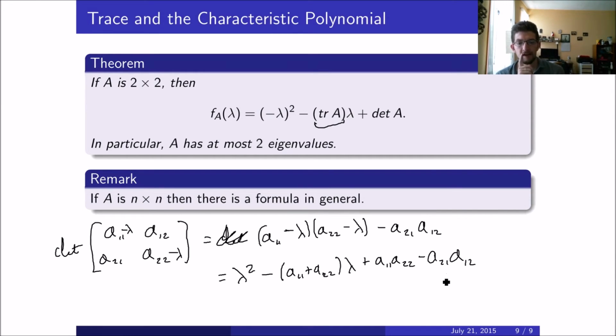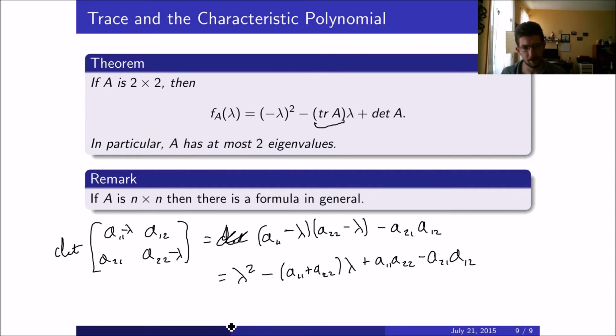In general you can write this all out in terms of trace and determinant only, but that doesn't help us much because it's a complicated formula, and it's much simpler to just go through and do the determinant.